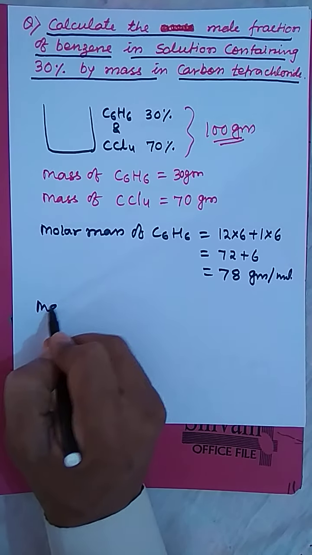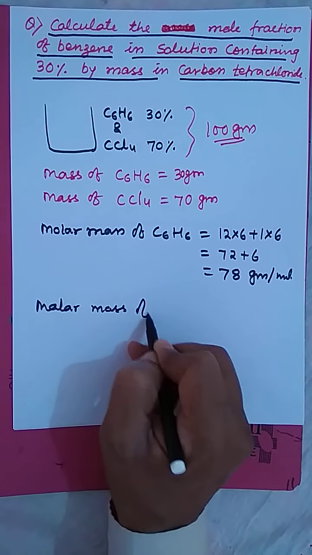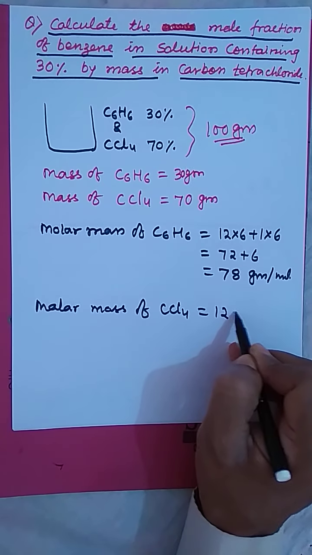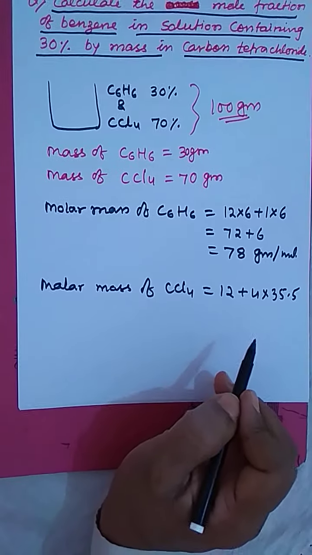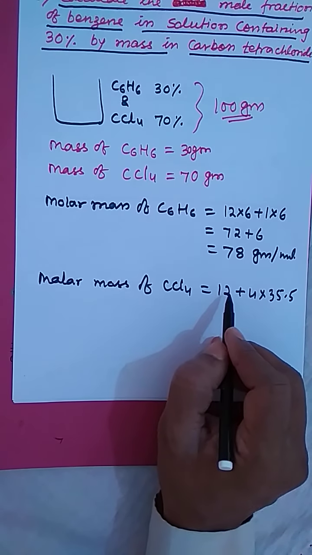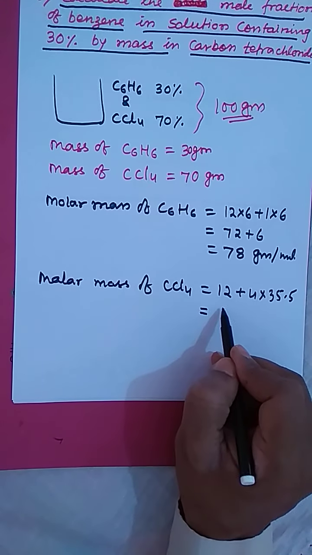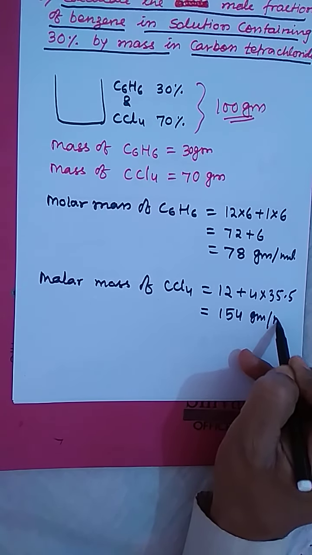Now molar mass of CCl4, this is 12 plus 4 into 35.5. It's very easy. Now you calculate, it will come 154 gram per mole, right?